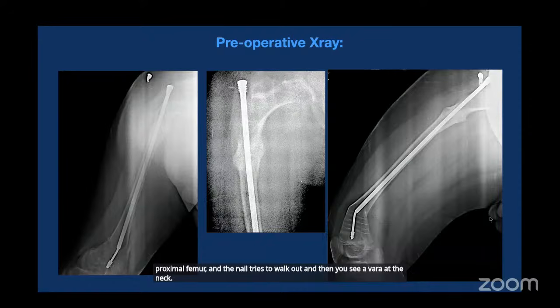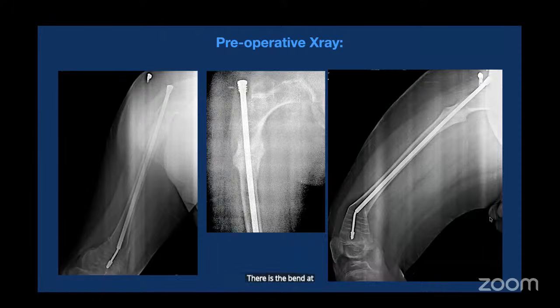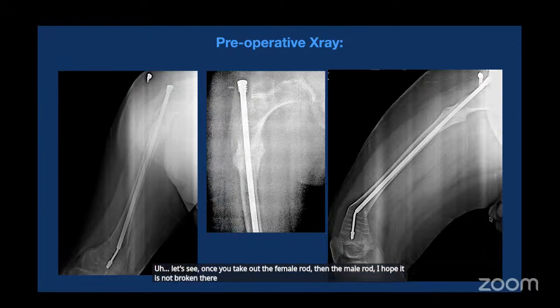The other challenge is, even if you have to remove this telescopic rod, there is the bend at the junction of male and female rod. Probably it may not be very straight to just pull it out. But once you take out the female rod, then the male rod, I hope it is not broken there, because if that segment remains inside, then it's trouble.